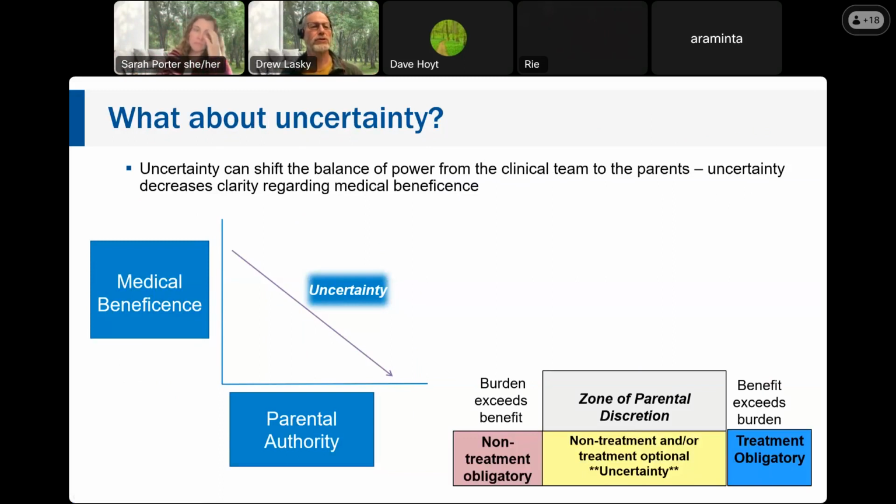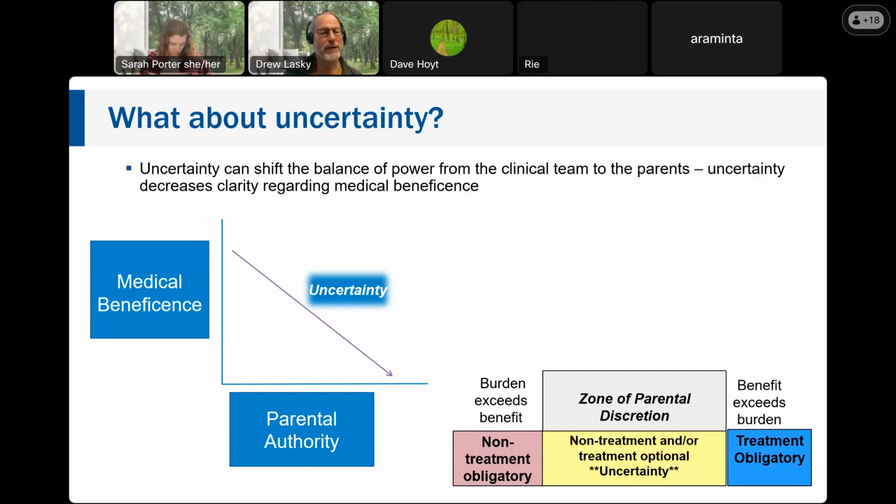If you're certain that trying an intervention is not going to be helpful, and not only is treatment not beneficial, but it's not going to help, then based on that medical beneficence, even if the parents want to do an intervention, they may not be allowed to, with respect to the certainty around that.